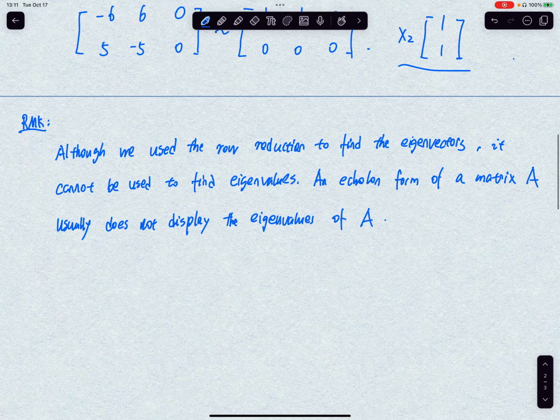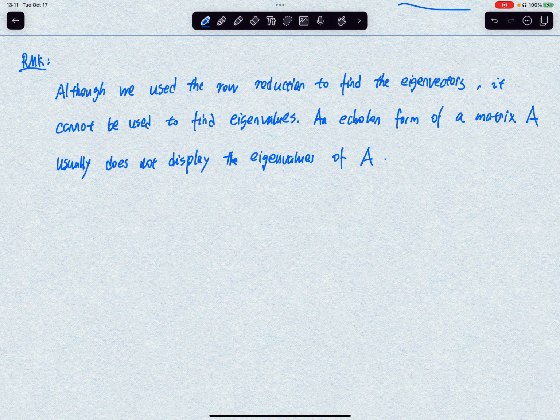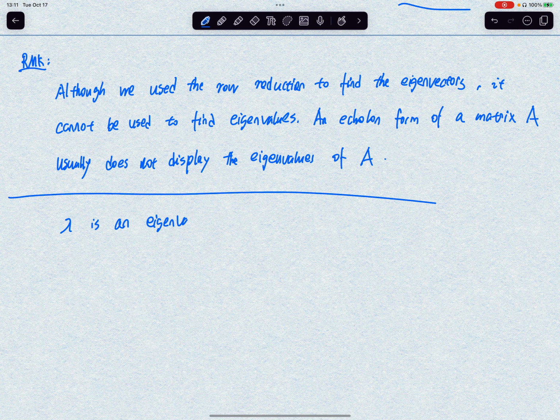So we can say that lambda is an eigenvalue of an n by n matrix A if and only if (A minus lambda I_n) times x equals 0 has a non-trivial solution.